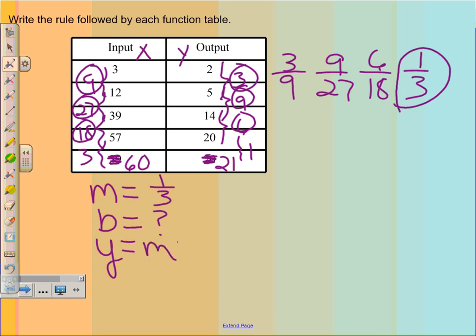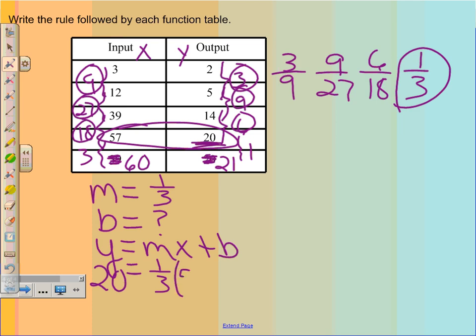In the equation y is equal to mx plus b, let's substitute in 1/3, and then I'm going to choose an ordered pair. What should I choose? Let's do this one, 20 and 57. 20 is y, final answer, and 57 is your x.